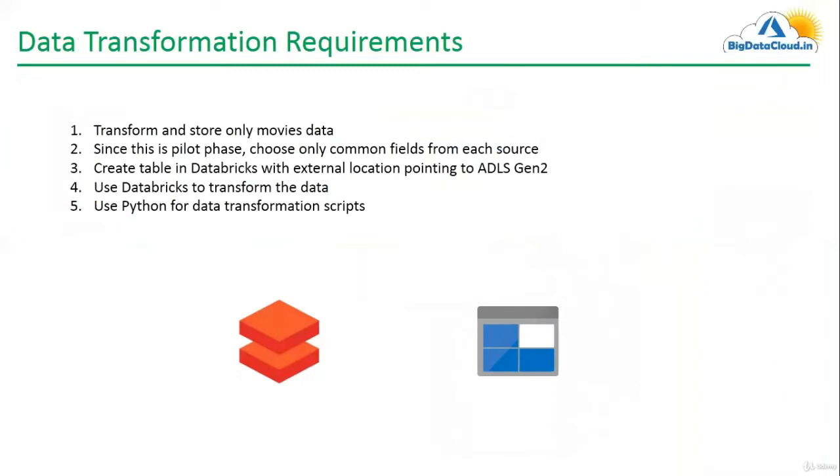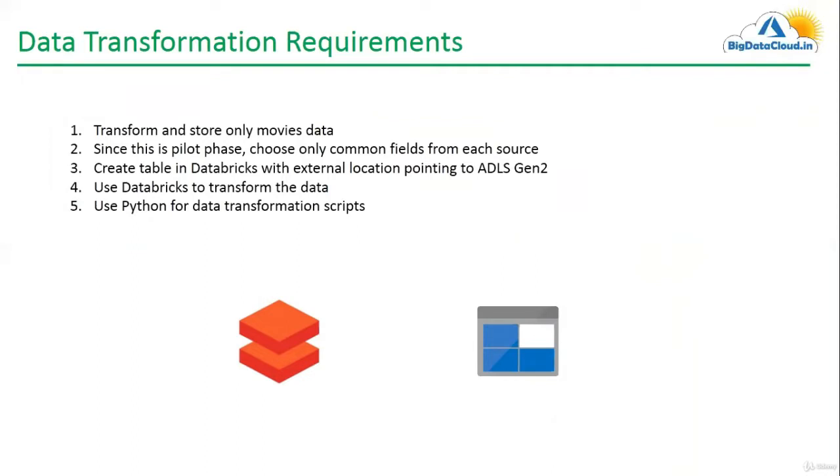There are certain data transformation requirements given by the client. First one is transform and store only movies data. Since this is a pilot phase, choose only common fields from each source. Create a table in Databricks and an external location pointing to ADLS Gen 2.